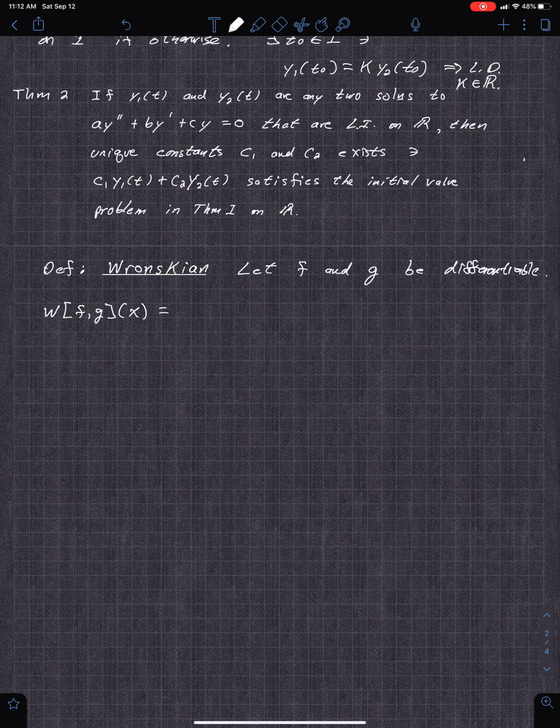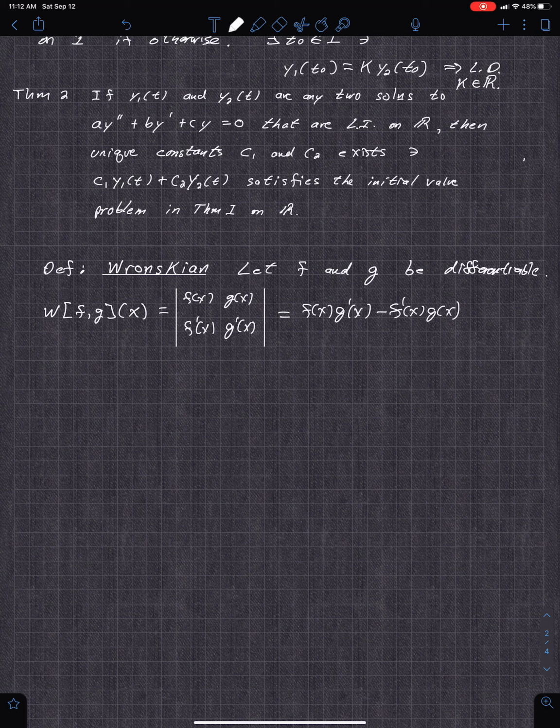is equal to the determinant of, we did this already, I think. So the determinant of f of x, g of x, and then f prime of x, g prime of x. And that's equal to f of x times g prime of x, minus f prime of x times g of x.